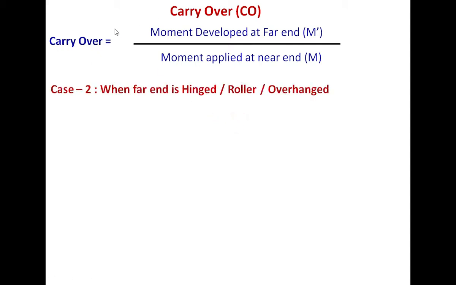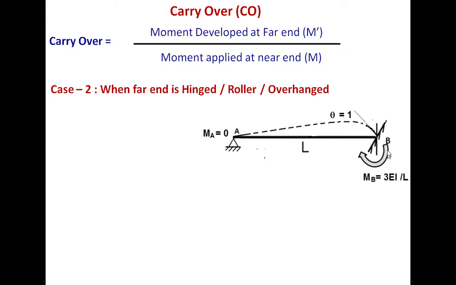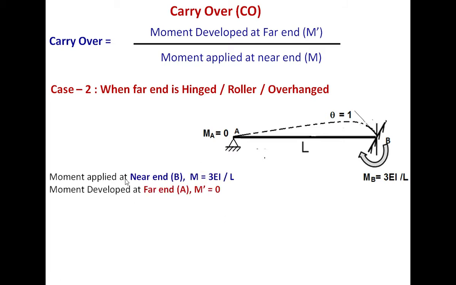So this is the definition of the carryover: the ratio of moment developed at the far end to the moment applied at the near end. Now here there is no fixed support. We know a hinge support cannot resist any moment, so the moment at this point is going to be 0. So even though we apply a moment equal to 3I by L here, there is no moment developed at the far end. The moment applied at the near end is 3I by L for unit rotation, but the moment developed at the far end, M dash, is 0.